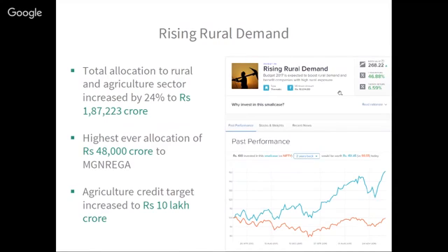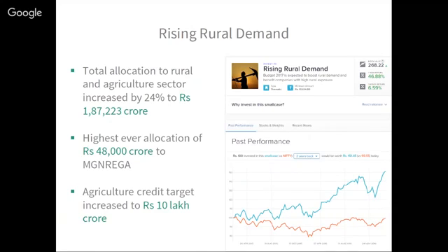Now, let's quickly try to understand a few of the things that you also see on our platform. For rising rural demand, you see that there is an index value. The index value shows the returns the smallcase has generated since it was launched. The current index value is 268.22, so it represents that since the launch, it has generated a return of 168.22%, because at the launch of a smallcase, the index starts from 100.